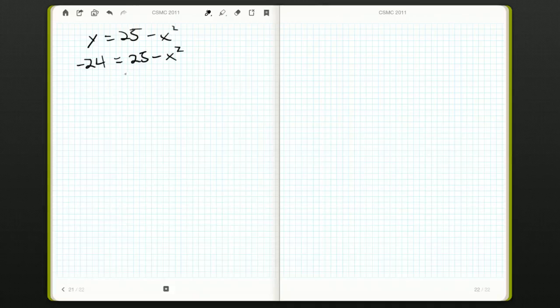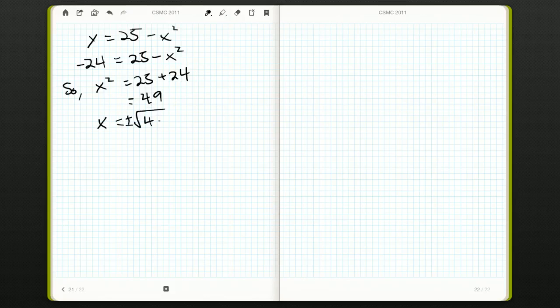Okay. So that's negative 24 is 25 minus x squared. So we can rearrange these. We can bring the x squared over to this side. And we can add 24 to the right-hand side. So x squared is going to be 49. Fantastic. So x is going to be plus or minus the square root of 49, so that's plus or minus 7.